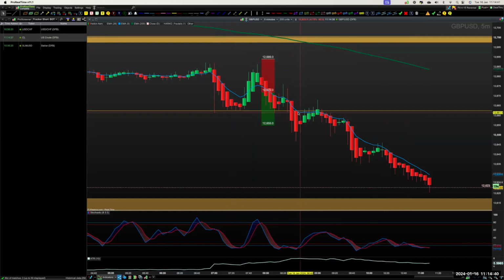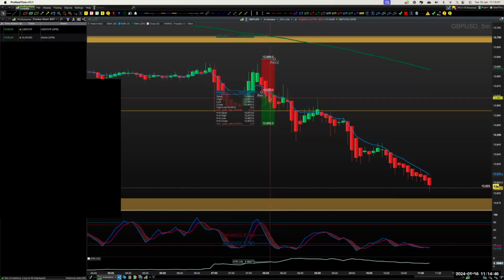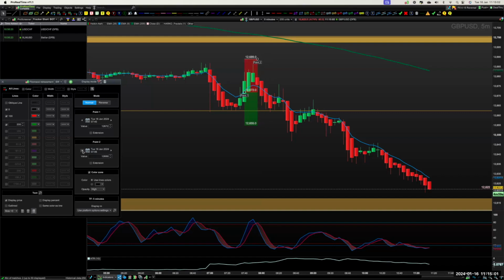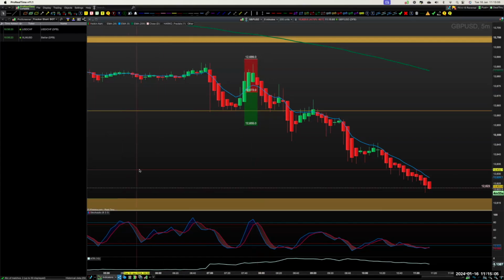Like for instance here, I'll just move this to one side. That's the actual trade there as an example.